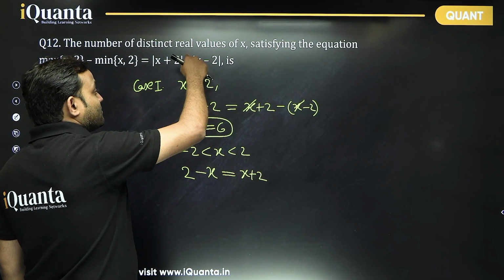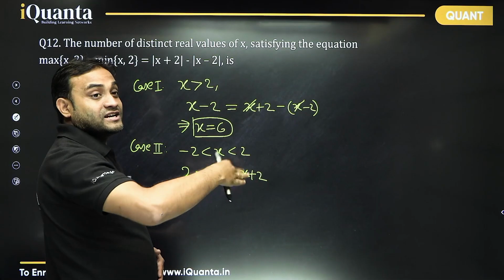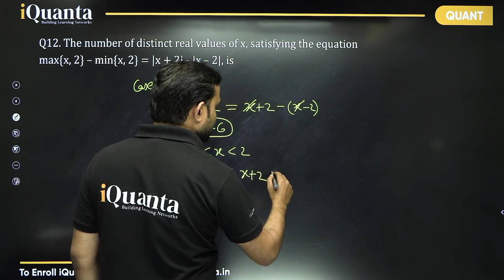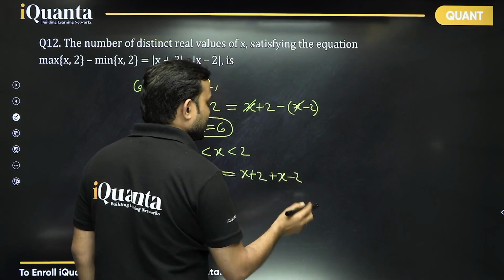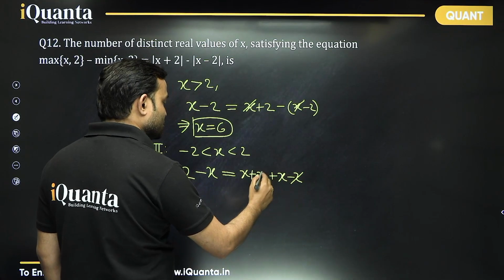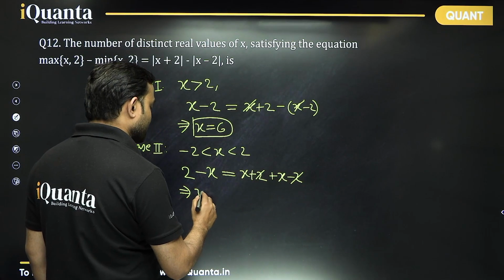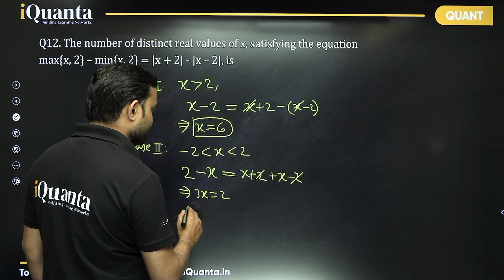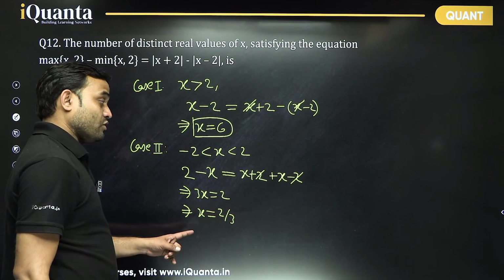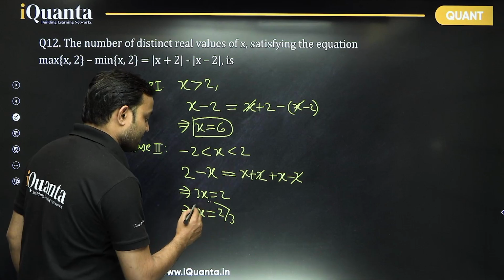But x minus 2 will become negative, so the negative of this comes outside: plus x minus 2. Negative of this will become positive of this. 2 cancel out, and we get 3x equal to 2, or x equal to 2/3, which also works because x is between −2 and 2.